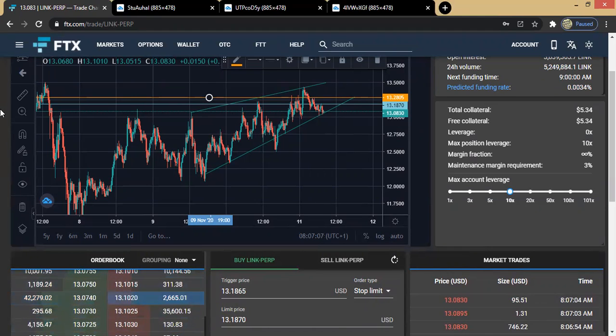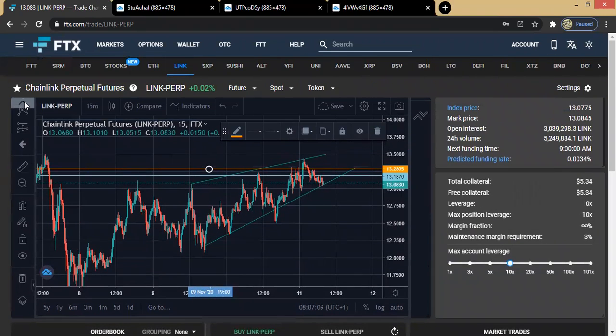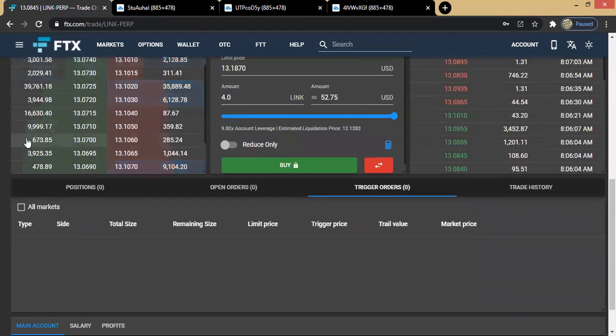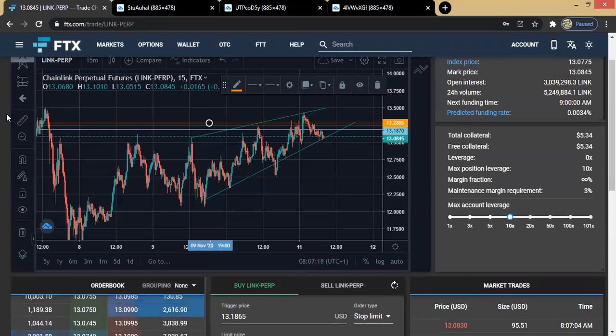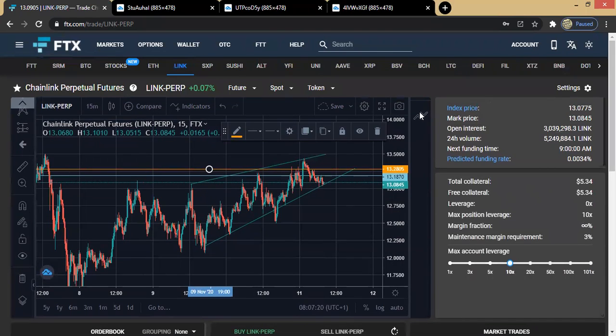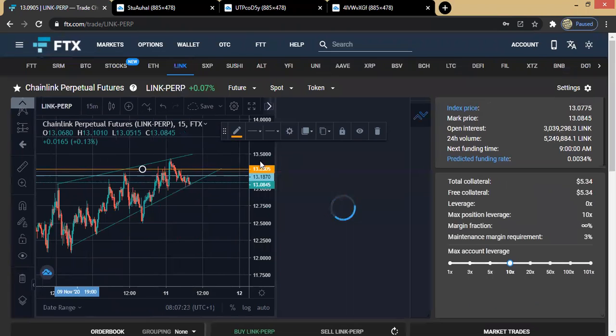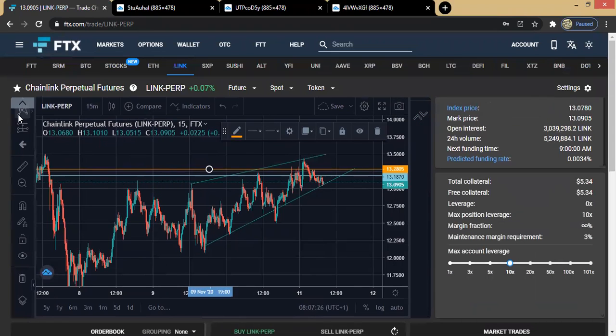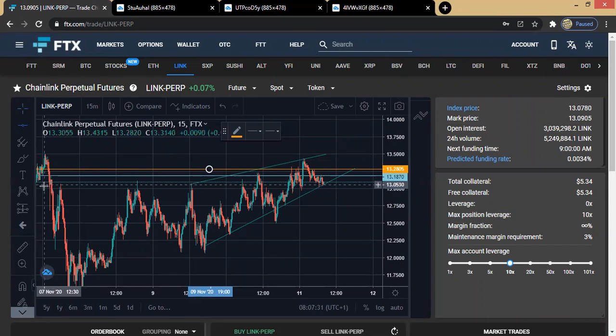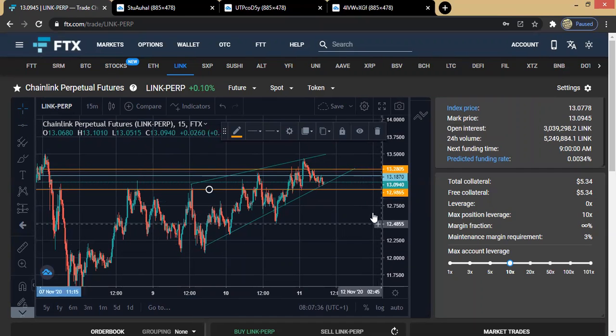From the result of my chart and all that, I'm believing that if price eventually gets to this point, 12.9865, it is going to dump more, or go down more.